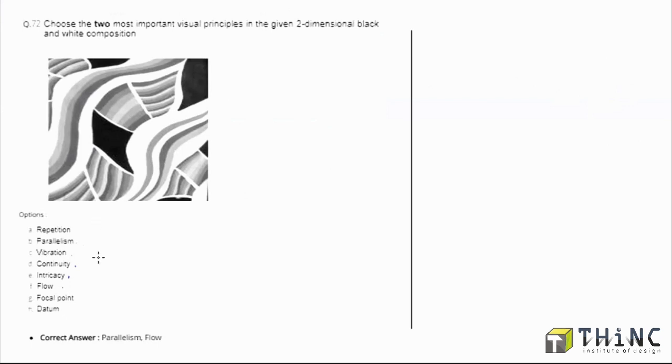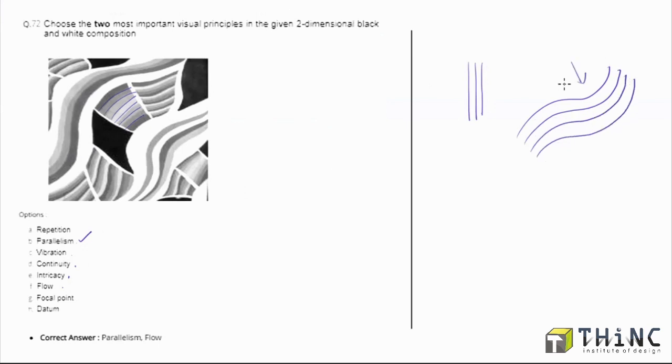Out of this, the most important element being followed is definitely parallelism. You can see all the elements are parallel to one another. Let me remind you of one thing: parallelism need not be a straight line. Even if you have elements which are curved but following the same continuous direction, you consider them as following the concept of parallelism. So this is a typical image where it has parallelism.